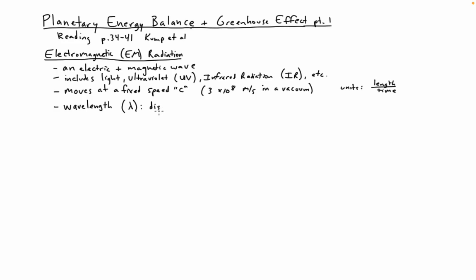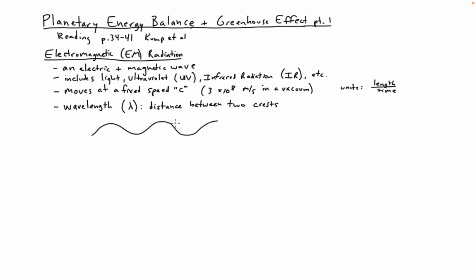Wavelength is the distance between two crests. So a wave might have a shape like this. This could be the electric or magnetic component.